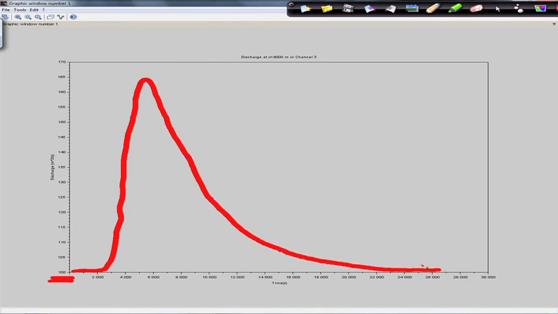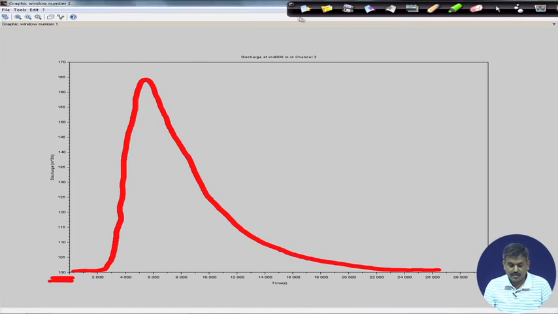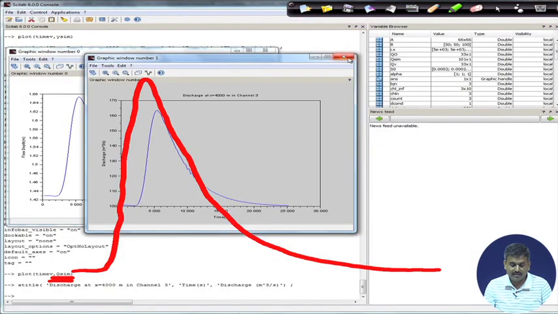Interestingly it is reaching up to 165 meter cube per second, and again these discharge values are decreasing here. Initially there is a rise in the discharge, obviously because of the inflow condition in the upstream junction nodes at 1 and 2, but finally discharge values are decreasing and again reaching that 100 meter cube per second value.